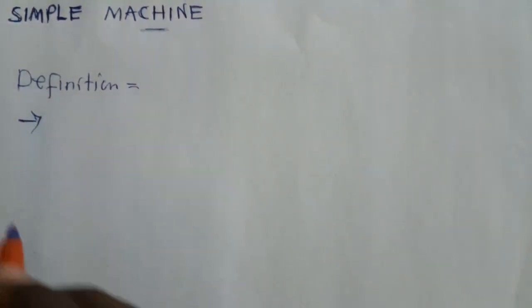To give you a simple definition, a machine is a device that makes our work easy. This is a simple definition that you need to understand.